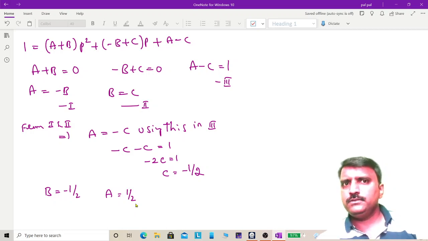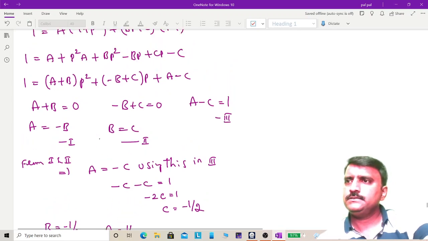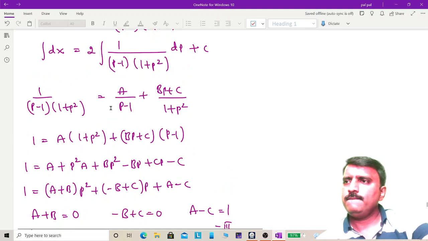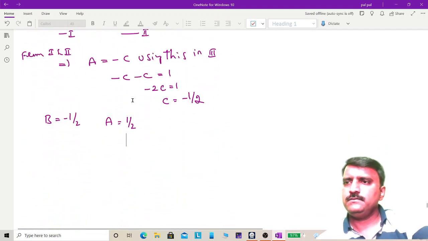After finding all these a, b, c values, you write that in this one, so that is a by p minus 1.